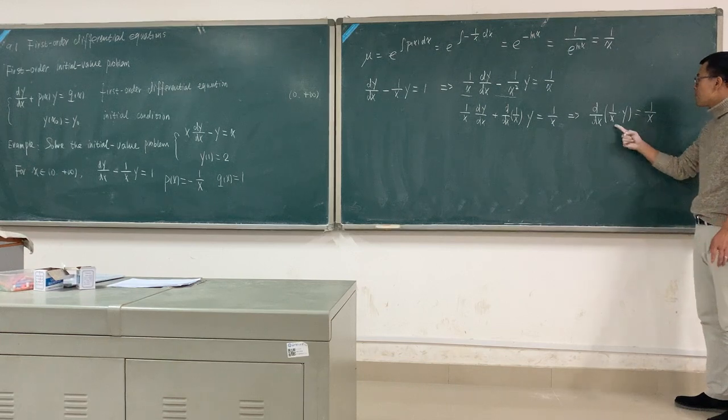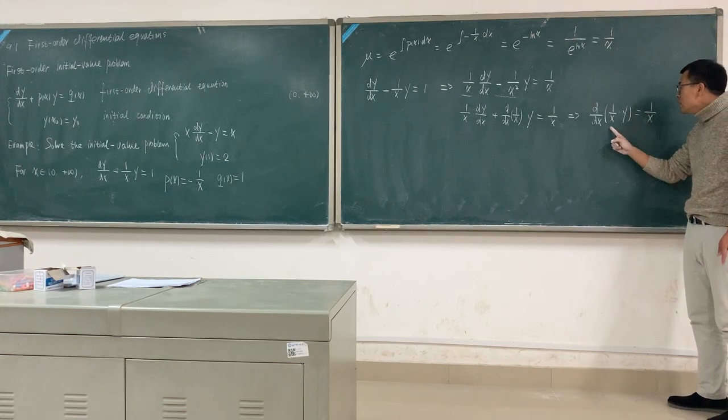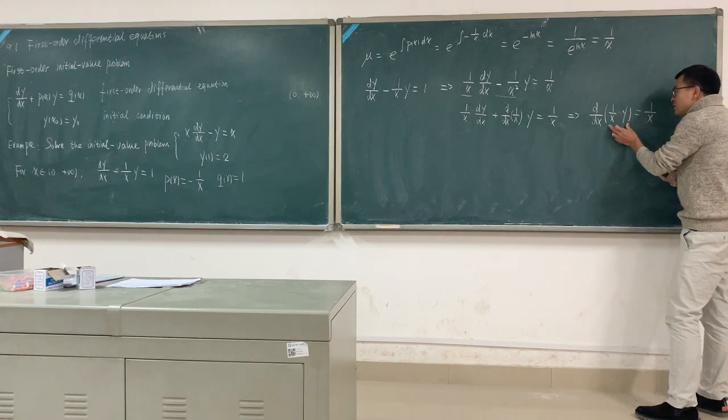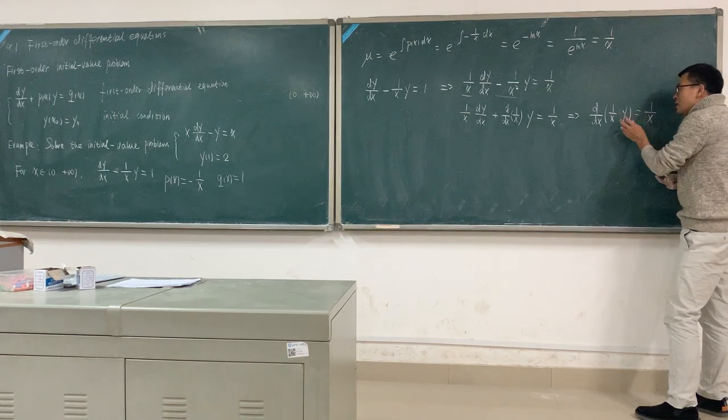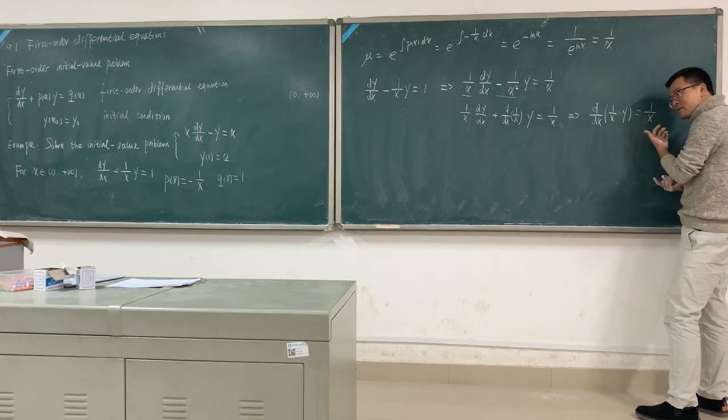This means the derivative of this function equals 1 by x, so this function is the antiderivative of 1 by x.